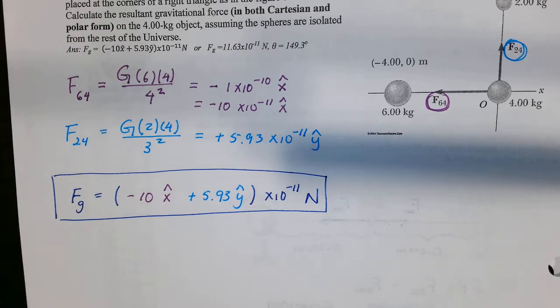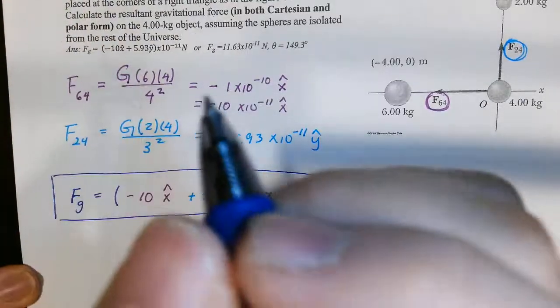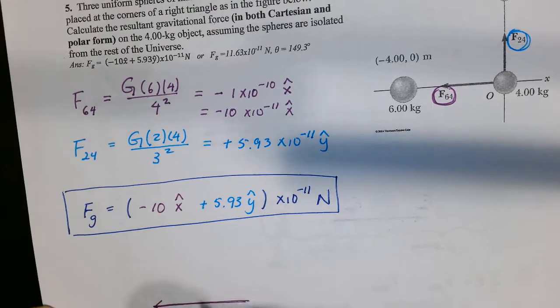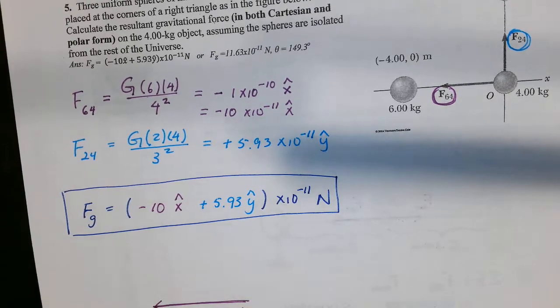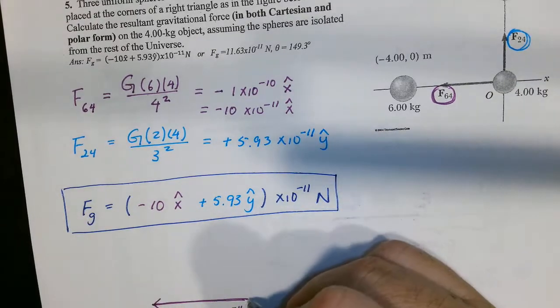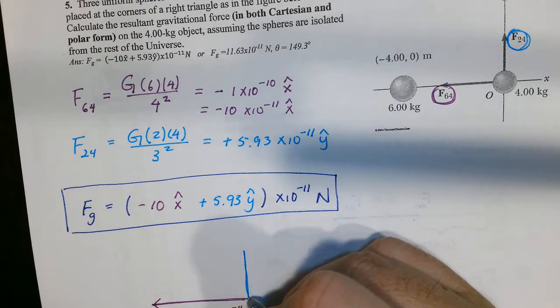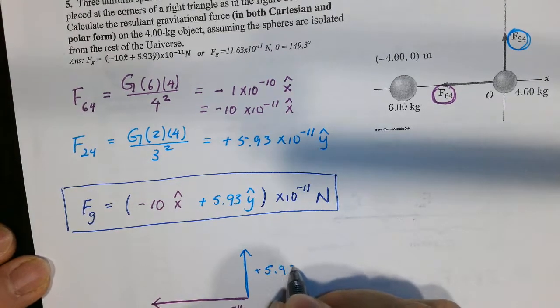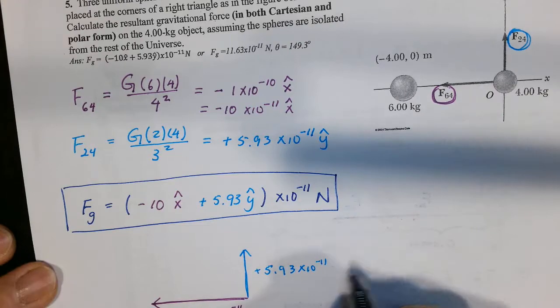All right. So now for part B, they want that in the polar system. So we already know that we have negative 10 times 10 to the negative 11th this way, and then we have positive 5.93 times 10 to the negative 11th this way.